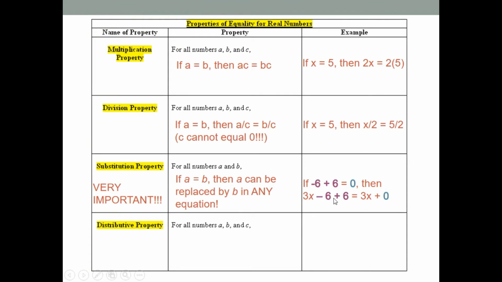Anytime we simplify, we're substituting in the result for what we originally had written. Then the distributive property: if you multiply into parentheses, you have to multiply the number that was out front by both parts inside the parentheses. So that's another simplifying property that we'll use.